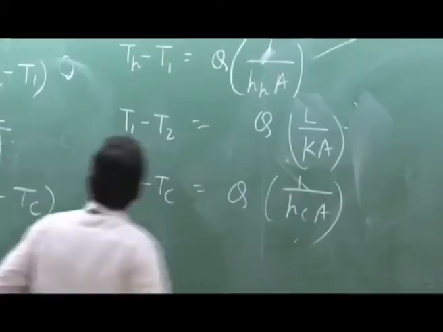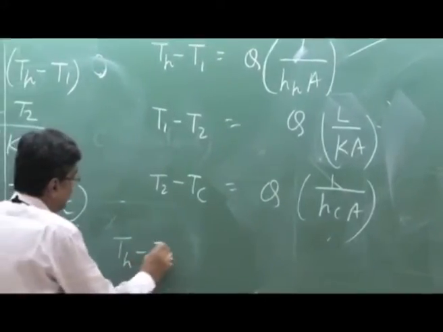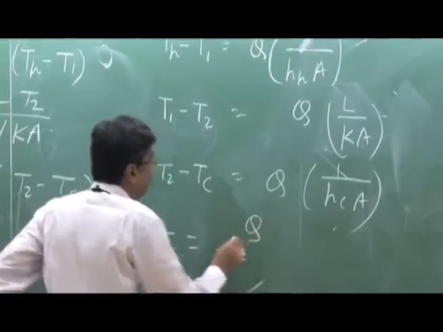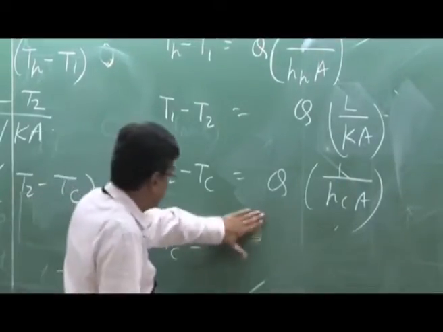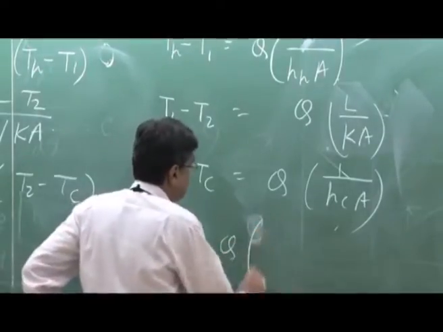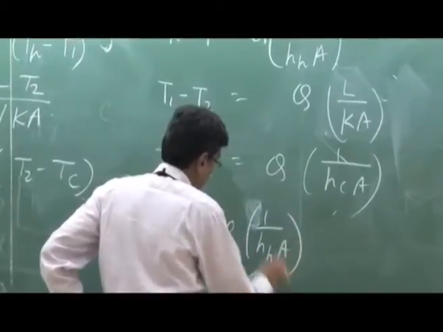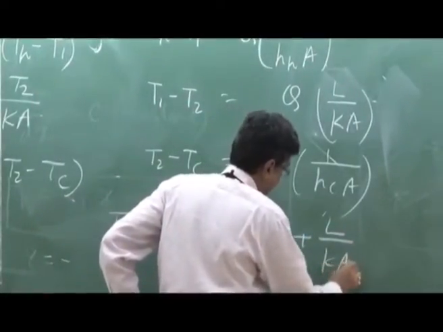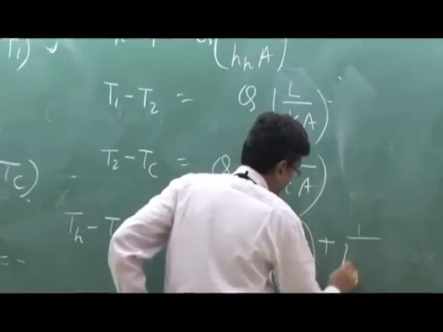Now if we add these three, we get Th minus Tc is equal to Q into 1 by HHA plus L by Ka plus 1 by HCA.